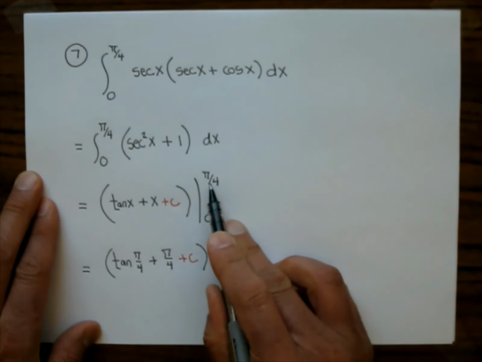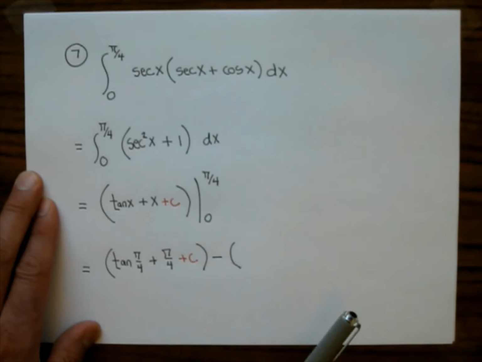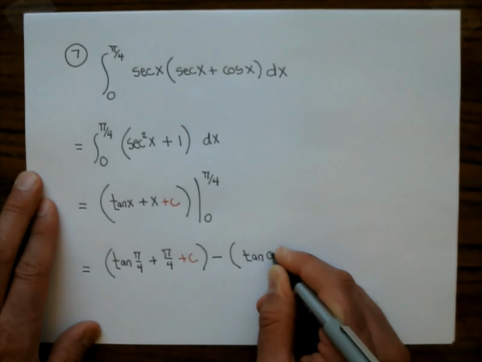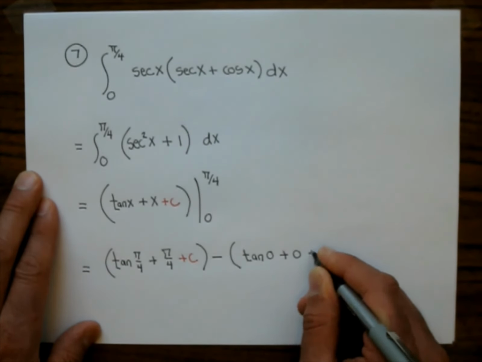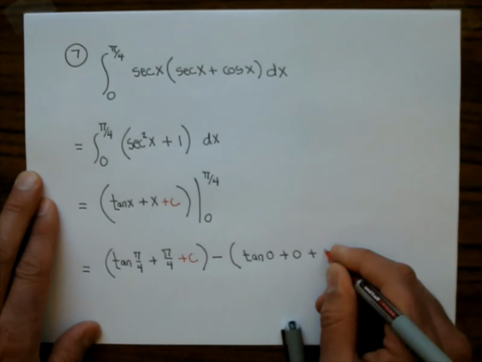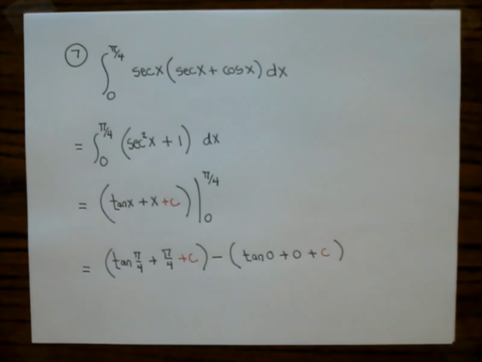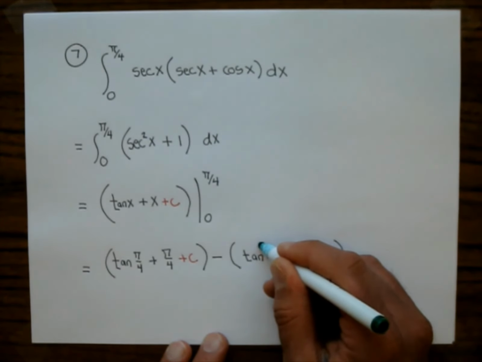Okay, so that's the evaluation at pi over 4. Then I'm going to subtract the evaluation at 0. So this is tangent 0 plus 0 plus c. Oh, and I almost forgot to use red there. So tangent of 0, if you were looking at the tangent graph, you just remember it's actually going to be 0.